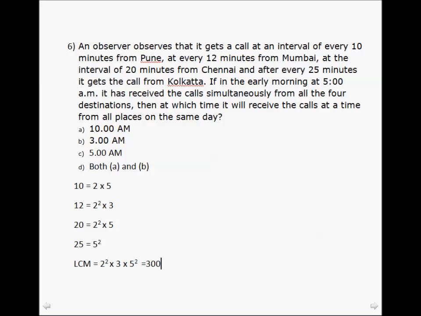Only A is the correct solution. So we'll check A as an answer. Had it been 3 pm, the answer would be both A and B. So the examiner has given B as 3 am just to trap the student so that he ticks option D. But we'll be cautious about it and we'll tick option A only.